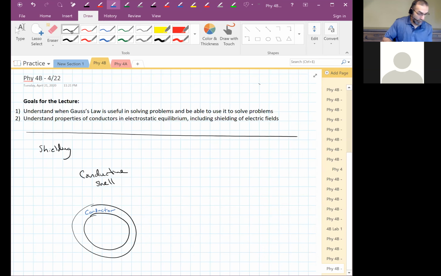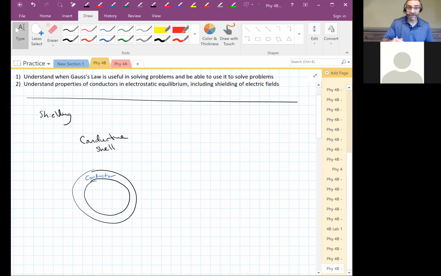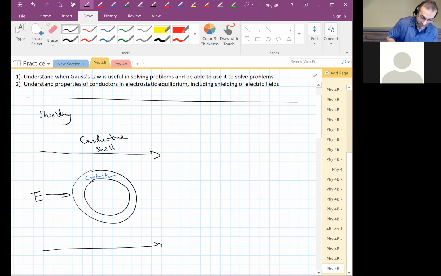And there's a hole or a cavity in the center of it, right? Just a shell, a thin conductive shell. And we put an electric field outside of this shell. What happens to it?